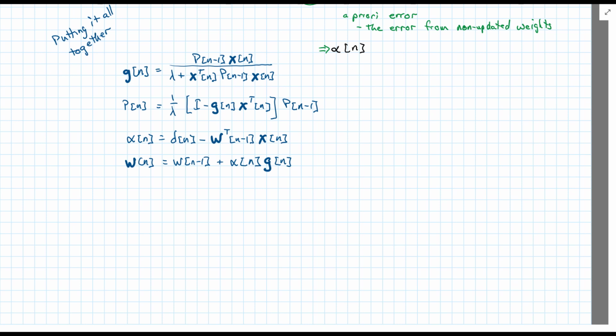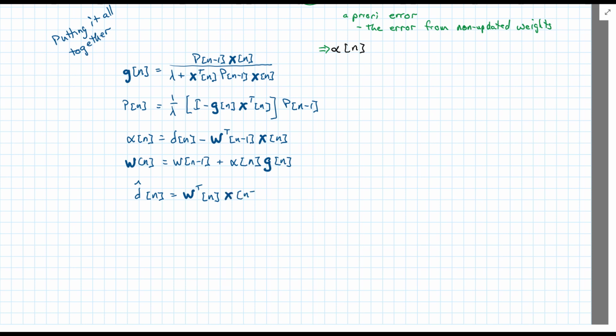Finally, we have our filter output. That is d hat of n is going to be equal to W transpose n times x of n.